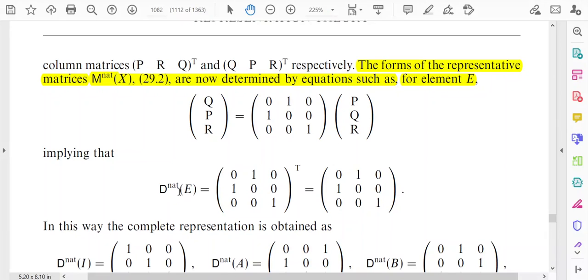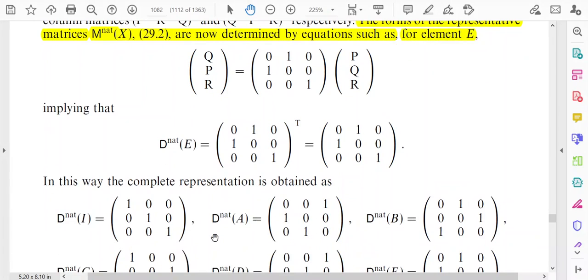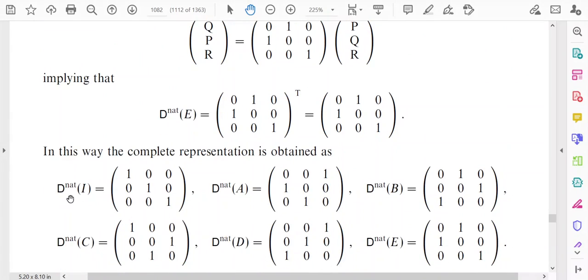So the representative matrix corresponding to the element E is this one. In this way, we can also find all the other representative matrices. For example, D of I will be the unit matrix. In most cases, what we see is that the unit matrix will be the identity matrix.